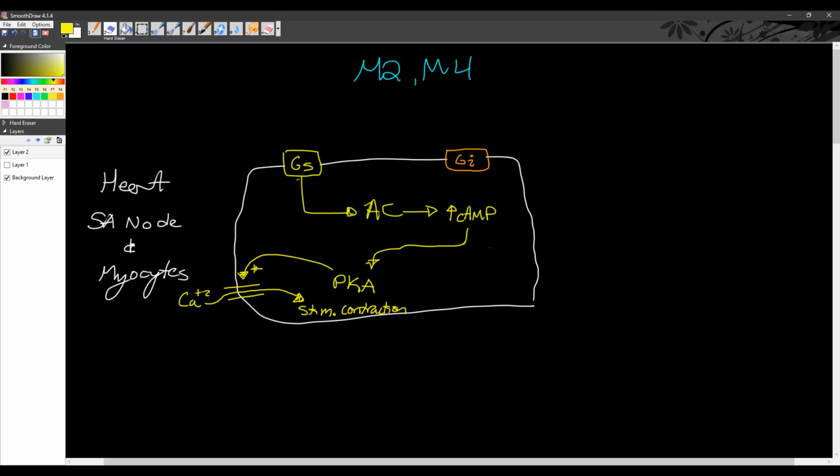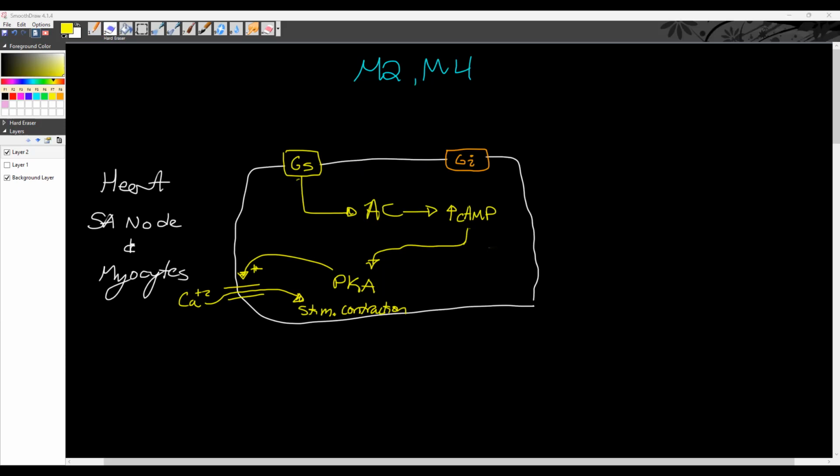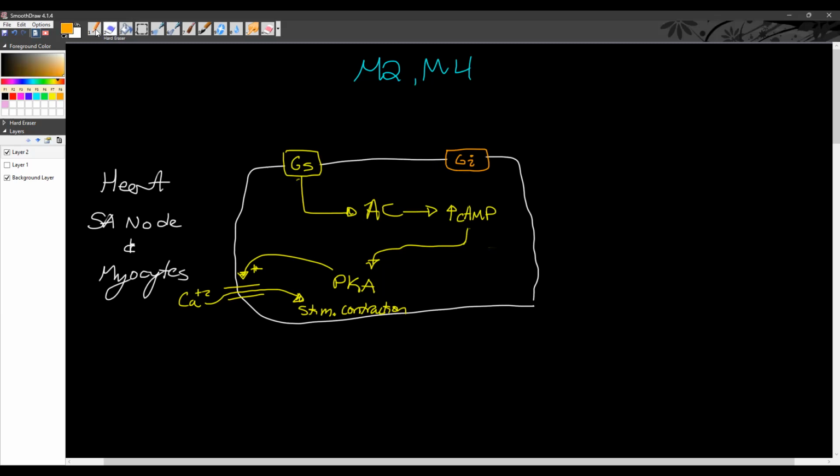I just can't remember. But for the most part, this is a big aspect. The GI receptor in this case, once again, is going to inhibit adenylate cyclase, which is going to decrease the amount of cAMP, which will decrease contraction.